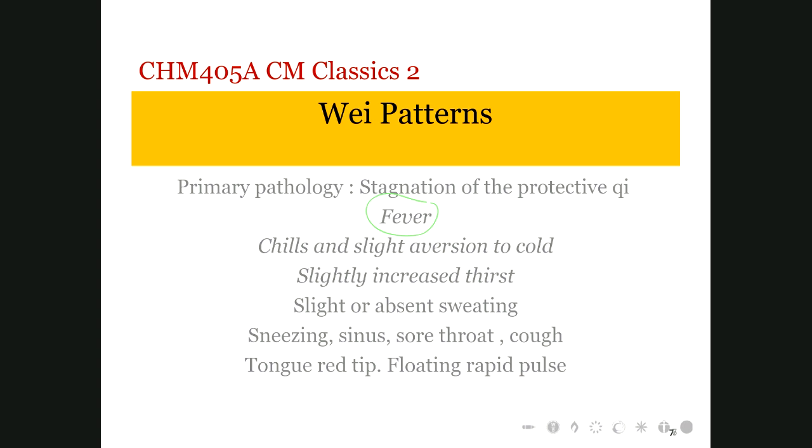They may be slightly thirsty, with slight sweating or no noticeable sweating, and still have possible sneezing, congested nose, slight sore throat or cough. Most importantly, the pulse is rapid and floating, with redness at the tip and edge of the tongue. So these are typical signs and symptoms for the Wei level in Wen Bing.